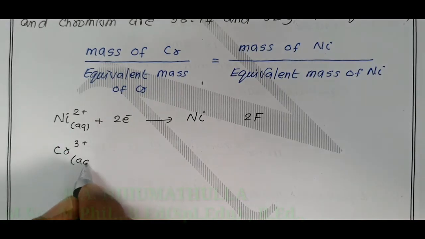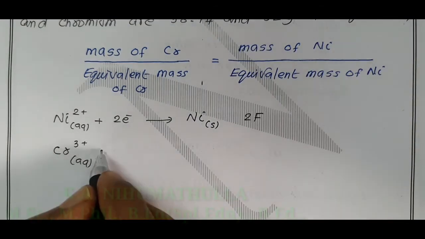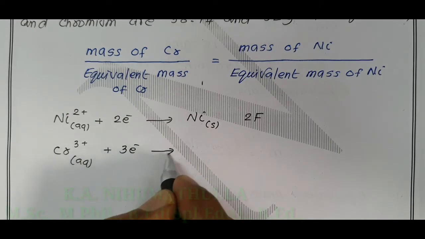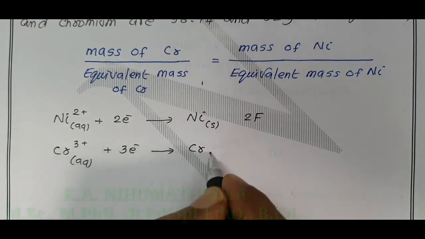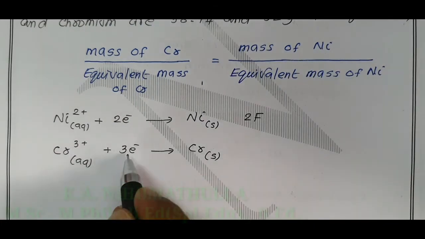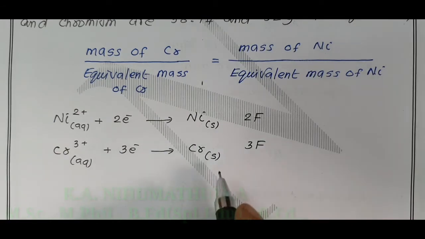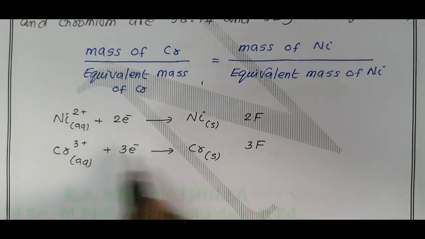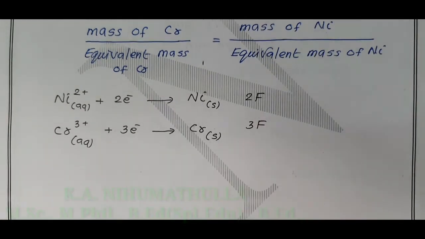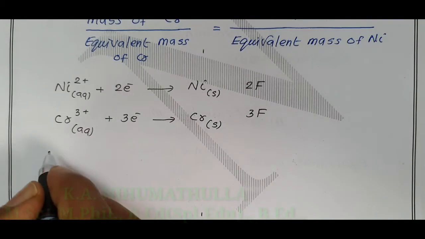Because of 3 plus, it gains 3 electrons and is deposited as chromium, a solid. How many electrons are involved? 3 electrons. Therefore, 3 Faraday current is used to reduce chromium 3 plus into chromium. Using this Faraday value, we can calculate equivalent mass of chromium and equivalent mass of nickel.